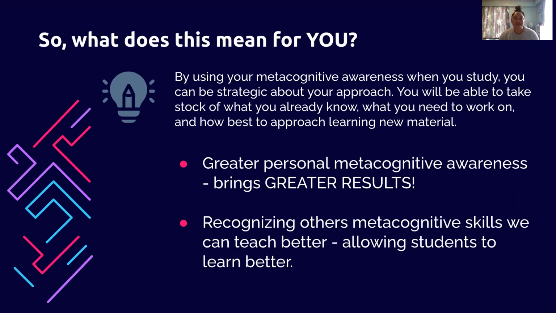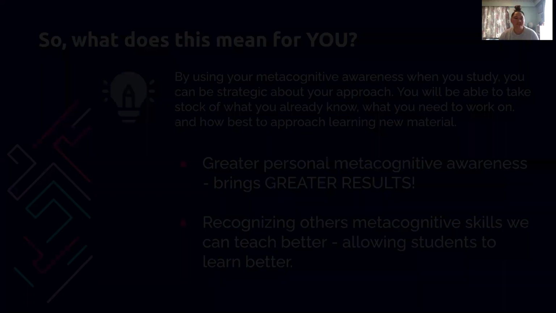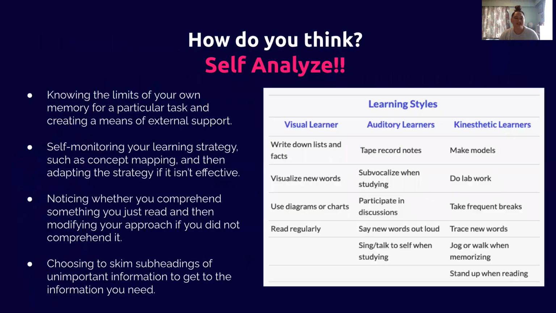And then as a teacher, or as you're trying to help others around you, we need to be able to recognize metacognitive skills for others. And then we can give them tasks that are more fitting for them to help them learn better. And so we can self-analyze and look at the different learning styles or ways that help us focus better or comprehend better.